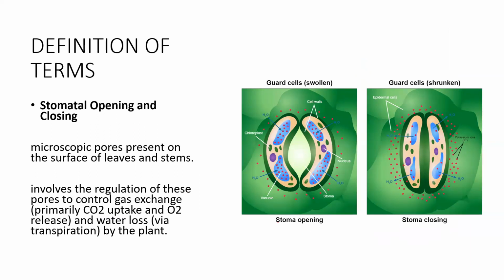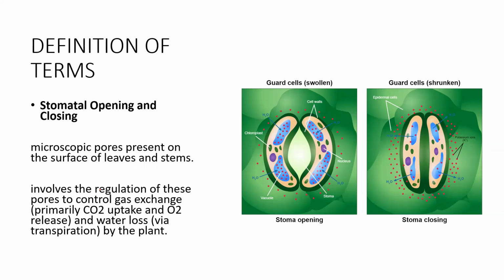So kapag sinabi nating stomata opening, it means inaalaw ni plants na kung saan ay mag-release siya and mag-absorb siya ng mga molecule or substance needed by the plants. Wherein this stomata is a microscopic pore. Kapag sinabi nating pores, ito yung mga butas na kung saan doon mismo pumapasok yung mga structure for the food consumption ng plants natin.